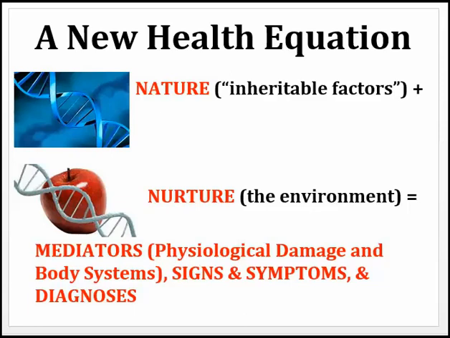This could be physiological damage like oxidative stress, free radicals, high cholesterol, high sugar, and the effect that it has on the different body systems like the gastrointestinal system or the cardiac system, etc. They produce signs and symptoms: chest pain, musculoskeletal pain, fatigue, and then ultimately we get a diagnosis, which would be something like autoimmunity.